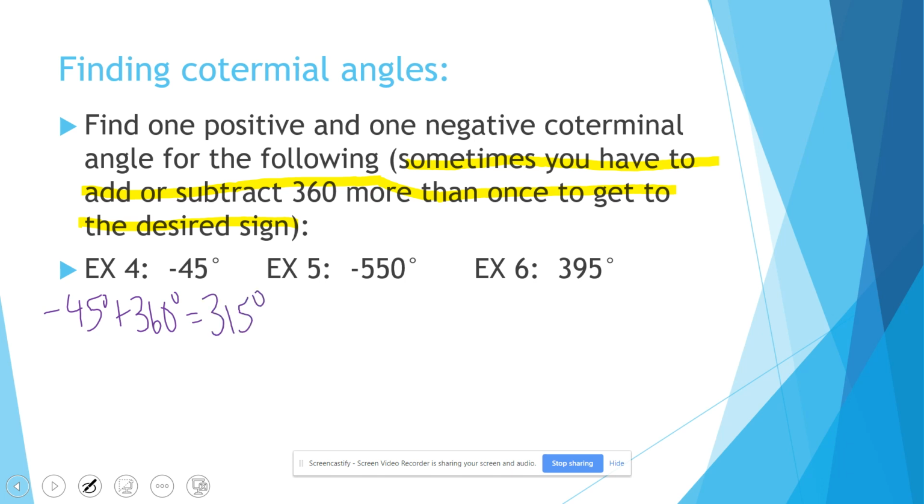So 315 degrees is a coterminal angle, positive, from negative 45. Negative 45 minus 360 degrees gives us negative 405 degrees. So negative 405 degrees is a negative coterminal angle of negative 45 degrees.